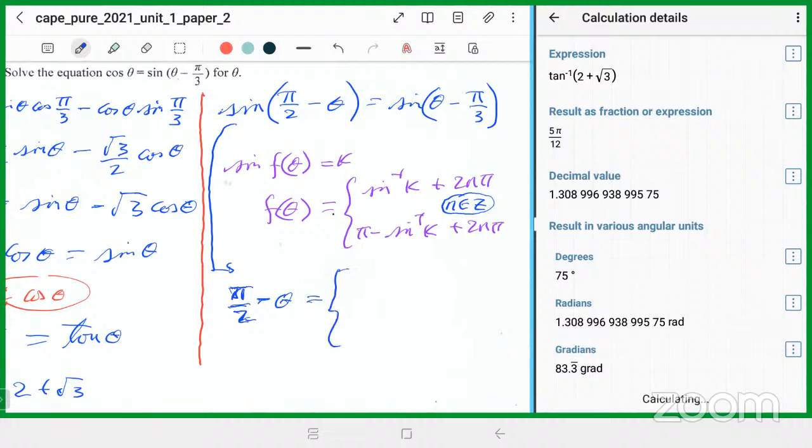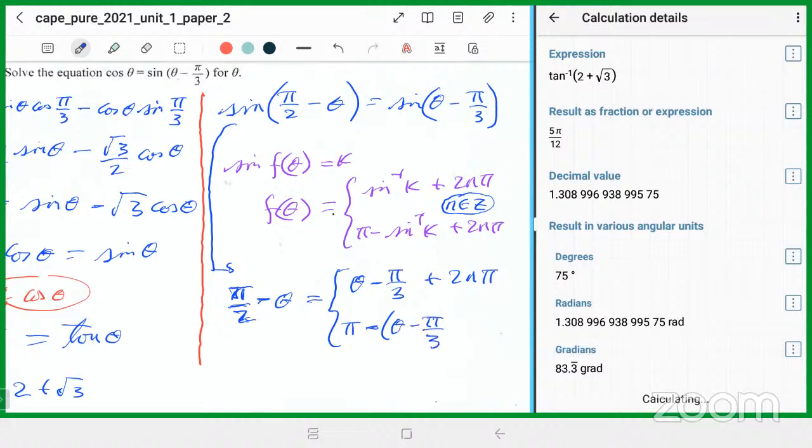If I do sine to the -1 of this, I'm going to get the angle, which is theta minus pi by 3 plus 2n pi. Then I'm going to get pi minus this angle, because this is the same angle. Whatever angle I have here, I'm doing pi minus it. That angle is theta minus pi by 3.